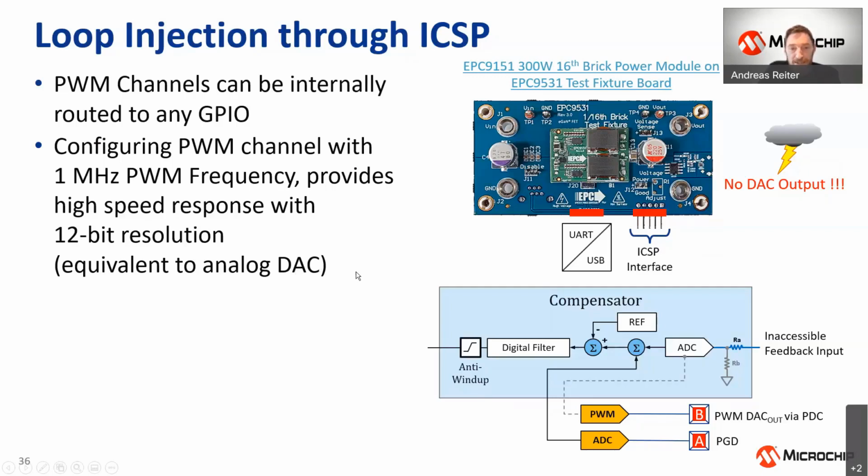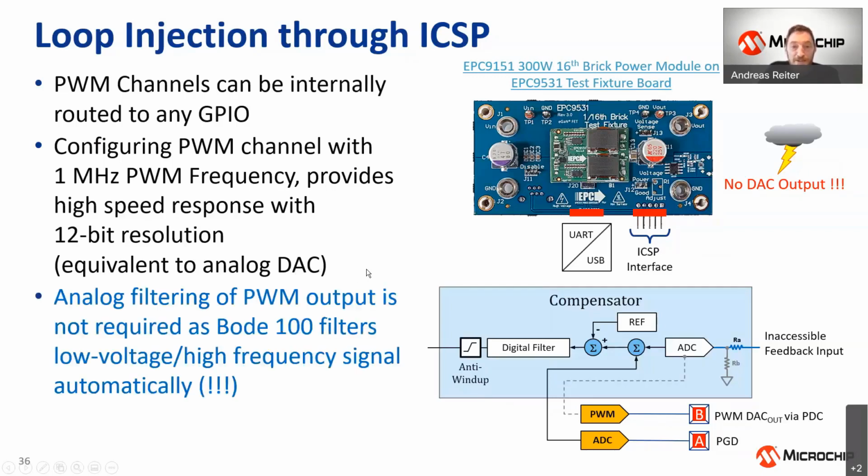The beauty of this implementation is that no post filtering is required, because the Bode 100 does such a beautiful job of filtering the signal by default, so no further RC, which would influence the transfer function we are trying to put out at this pin, is required. The Bode 100 just integrates over this PWM signal at exactly the right signal level, and it gives a perfect representation of the planned transfer function, and the result is pretty much exactly as we would see it with a digital to analog converter.